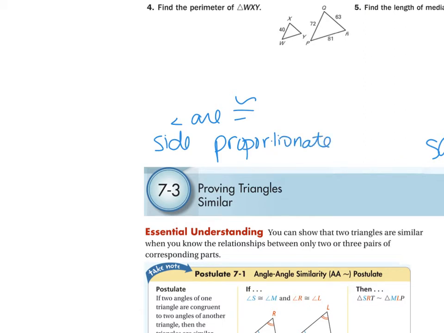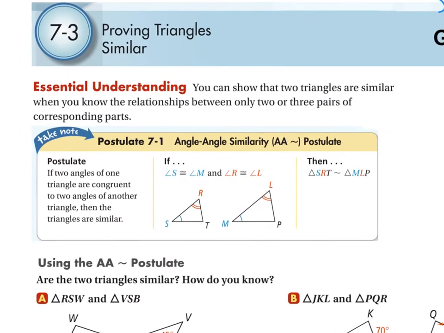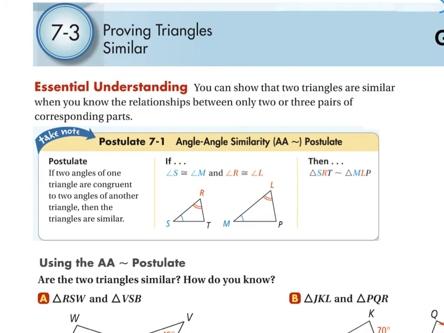Okay, so that's what the definition of similar figures are. So now this lesson is all about triangles. So the last one had some quadrilaterals, but now we're just talking about triangles. So there is a new postulate. It's the angle-angle similarity postulate.